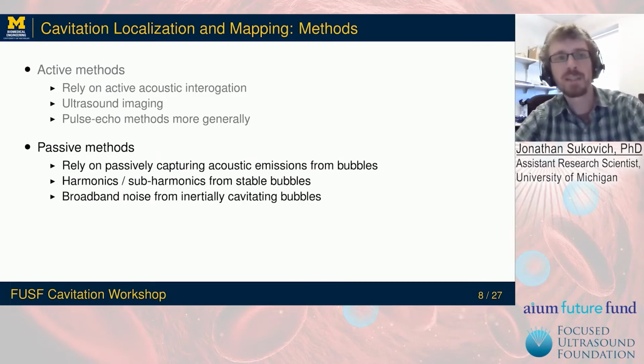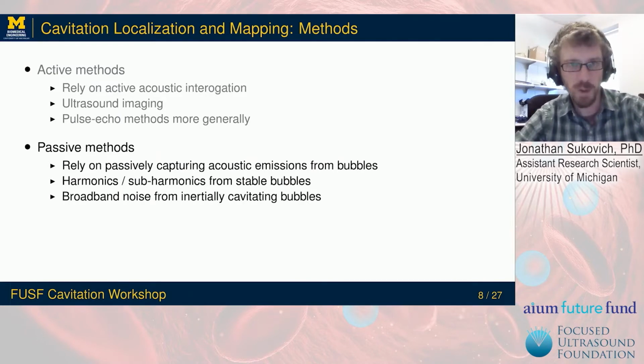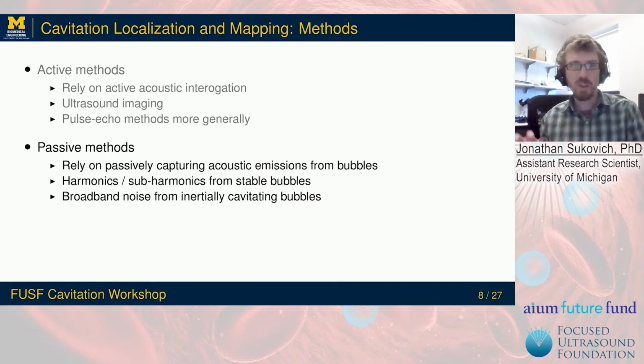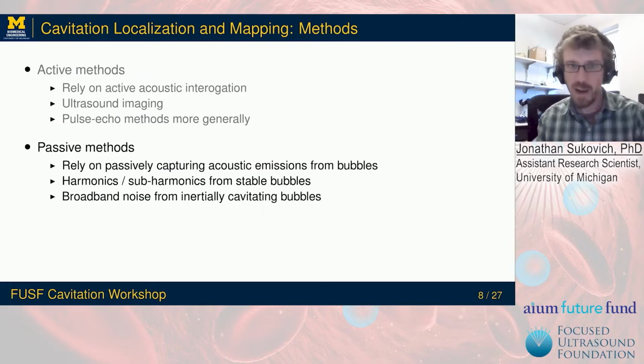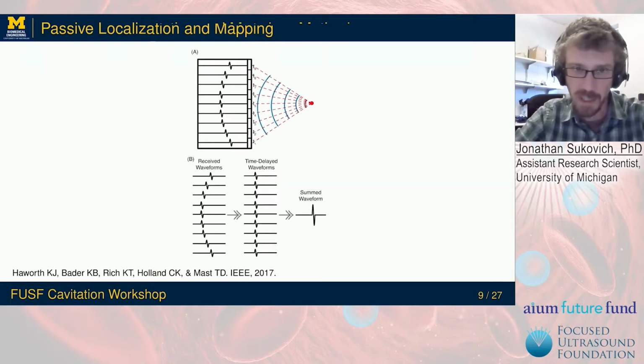But in addition to the active methods, there are passive methods for localizing and mapping these cavitation events. Instead of relying on active interrogation schemes, they rely on capturing nonlinear acoustic emissions from generated bubbles, including harmonics and subharmonics from stably driven bubbles, or broadband noise in the form of shockwaves from inertially cavitating ones.